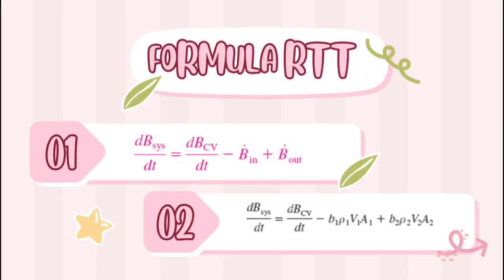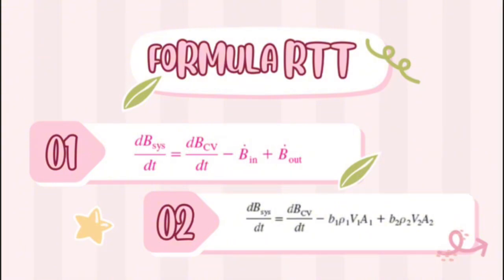What is B_sys? B is for extensive property, sys is system. So B_sys represents a property of the system like mass, energy, or momentum. This property can change over time due to the inflow and outflow of fluid or change inside the system itself.